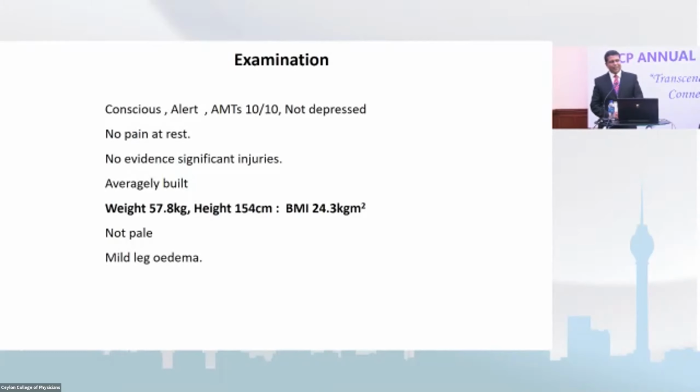Her physique was okay, but she said she lost some weight during the hospital stay as well as after coming home, though that is not so significant. She was not pale, and she had mild leg edema.